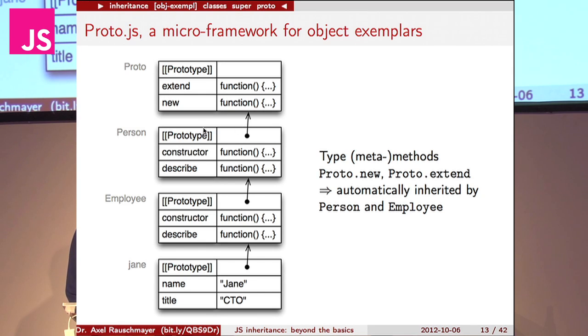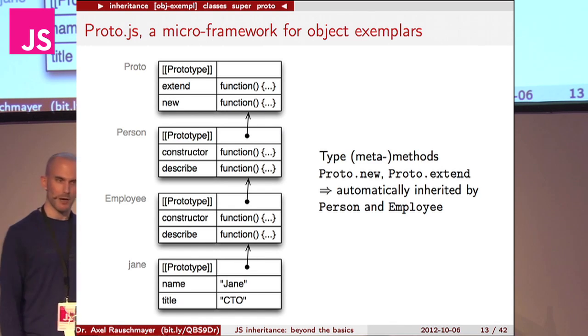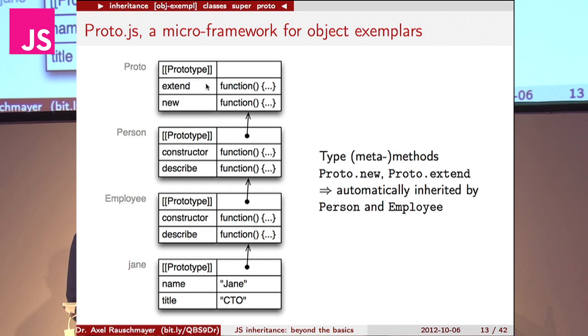And that object is, again, a prototype of the library object that contains the meta object protocol up there. So this is the library functionality, and the neat thing is that it is inherited. These are extend and new, methods that you should be able to invoke on a type, on an object exemplar.